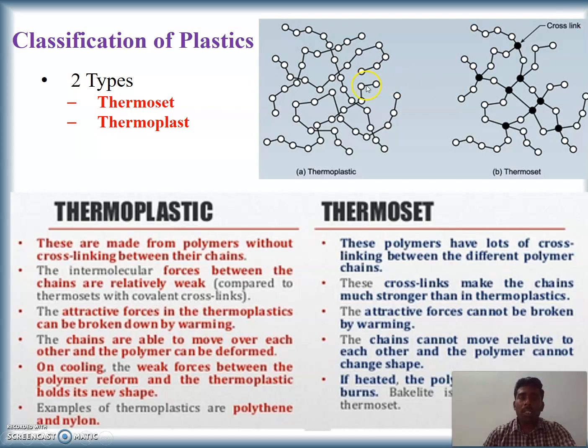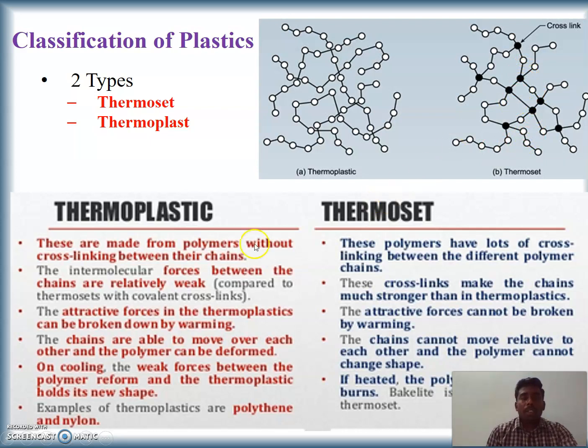If you look at this diagram, it is understood that in thermoplast there is no cross link, unlike thermoset. This cross link is nothing but an intermediate bond between the nearest chain atoms, and it is represented as a black circle, which represents a cross link. So thermoplastic doesn't have any cross linking between its chains, whereas thermoset has cross links between its chains.